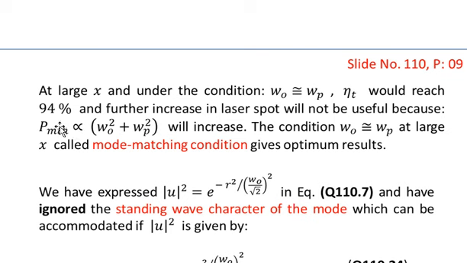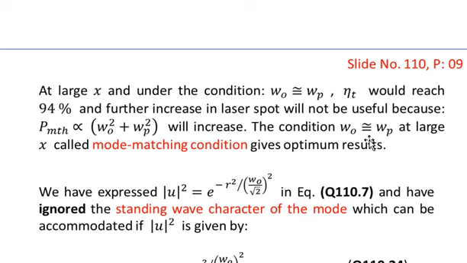Otherwise, if we make any other assumptions, we shall end up with an increased value of the minimum threshold pump power. So we want to keep this pump power smaller for greater efficiency.